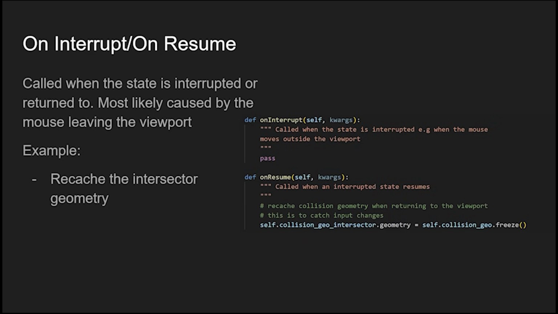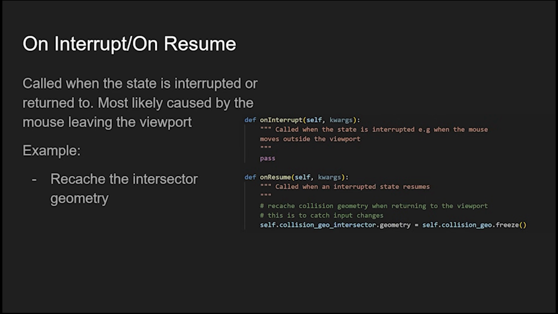For our onInterrupt and onResume event handlers, these are going to be called when you move the mouse out of the viewport and then change some parameters and then move back into the viewport. onInterrupt will be called when you move the mouse out, and then onResume will be called when you move the mouse back in.